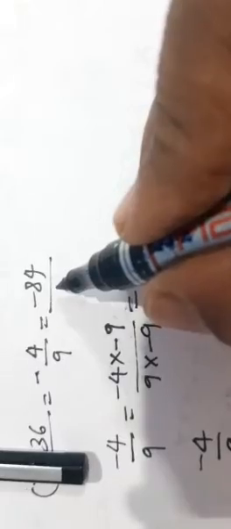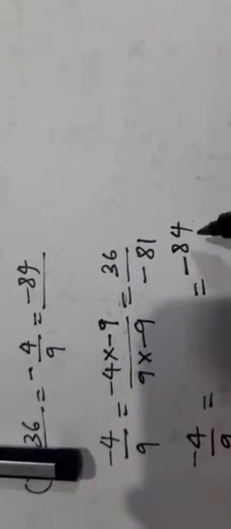Now consider these two rational numbers, children, that is minus 4 by 9 and the third rational number. To get minus 84 in the numerator, with what do you multiply 4, children? That is 21. Minus into plus is minus. 4 ones are 4, 4 twos are 8.